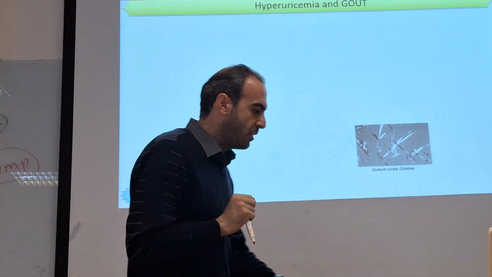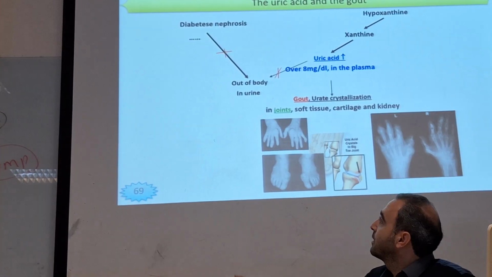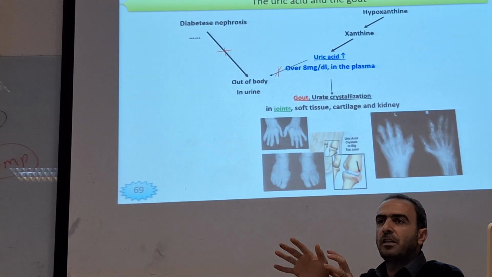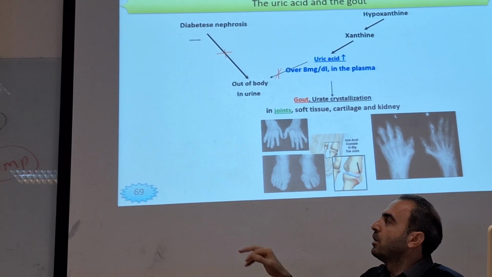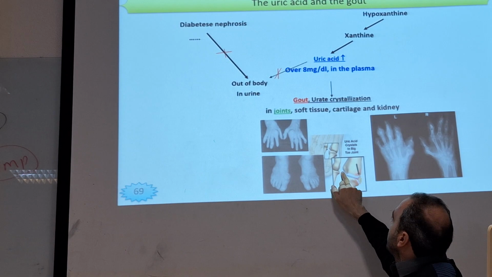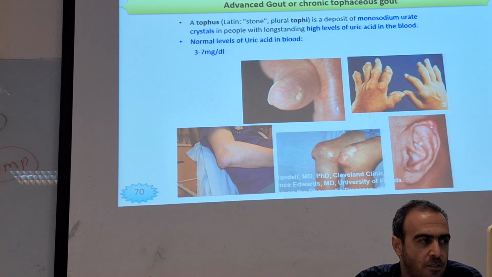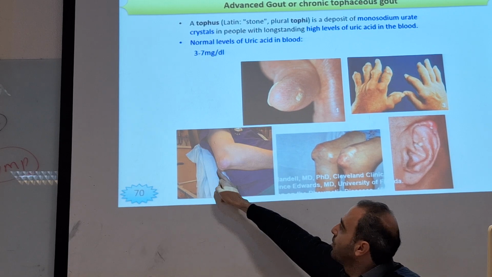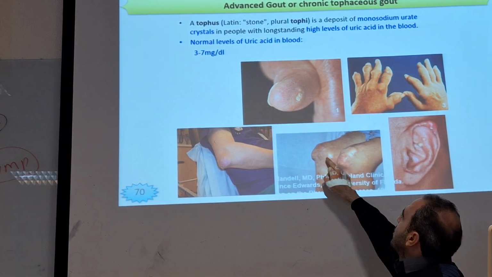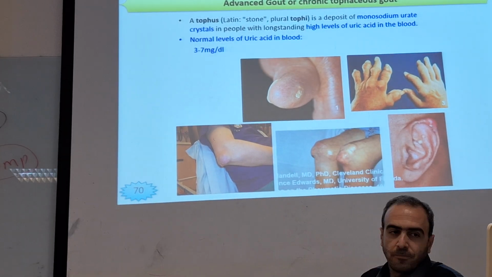I will bring the photo for you. You can look at that. This finger swells too much. This finger also, and also in the joint. Uric acid is accumulated. There are some people with gout, especially in the ear and the finger.